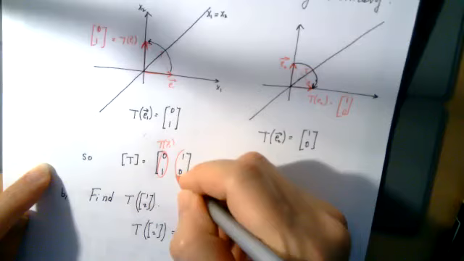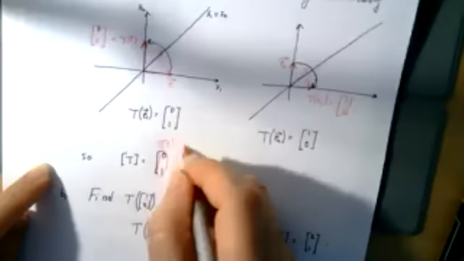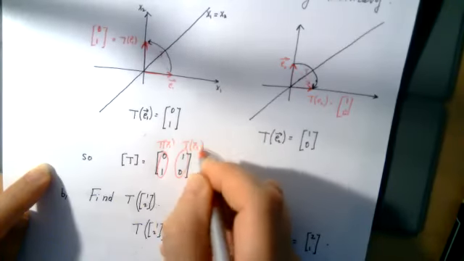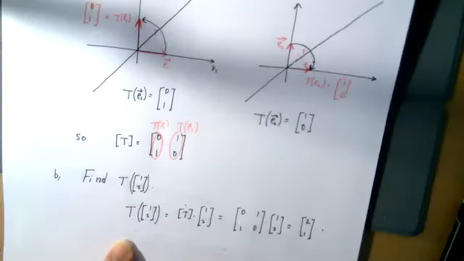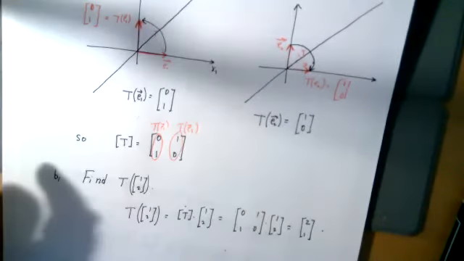The second column is what T does to E2. Once I know the standard matrix, I know what happened to any vector I want. It's just the standard matrix times the vector, and that gives me the image of any vector I want.